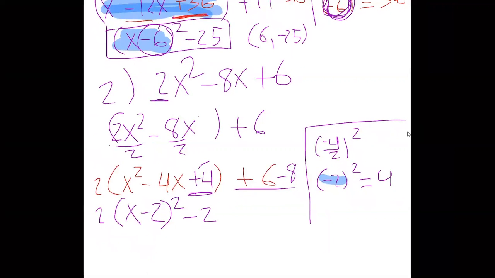So this would be our vertex form. If they ask for your vertex, you would pull out your h from the inside, which would be 2, and your k from the outside would be negative 2. You always switch the sign of the inside part, and the outside part stays the same.